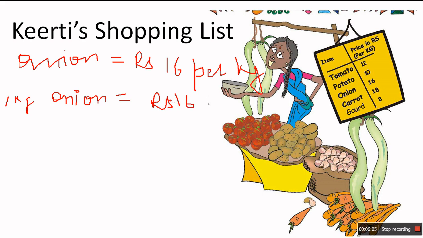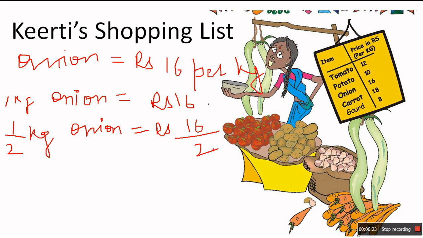So if I want to purchase half kg, if the quantity becomes half, the price will also become half. So rupees 16 divided by 2, that is rupees 8.